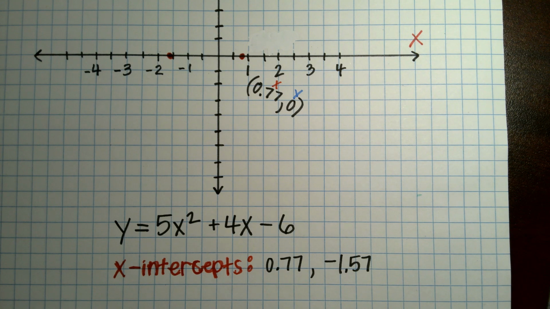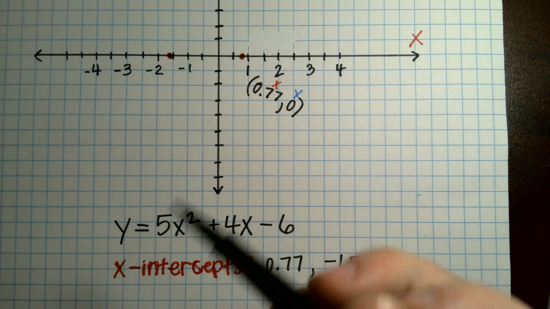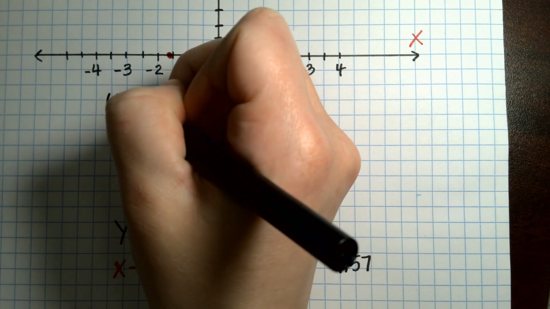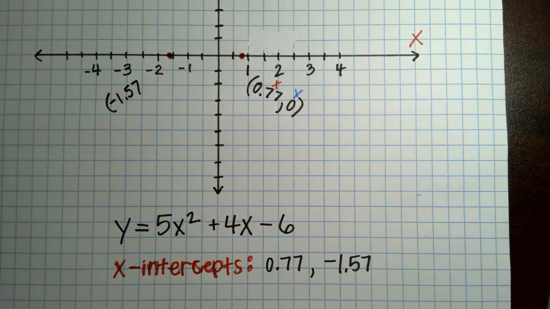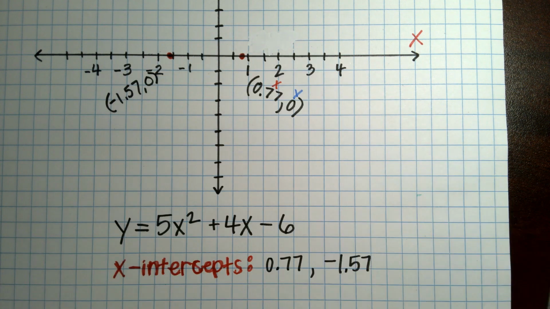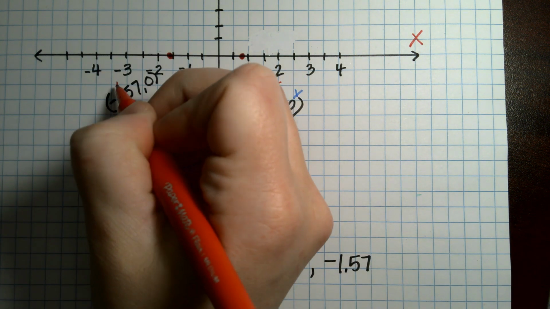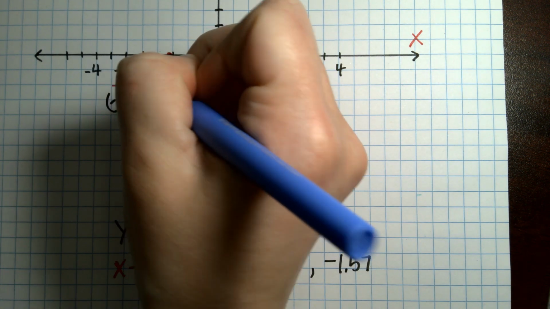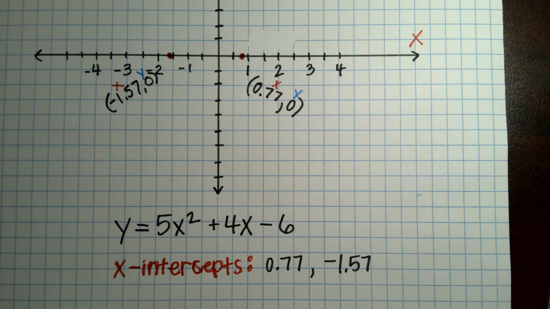Negative 1.57 for our x value, comma, 0 for our y value. x, y.